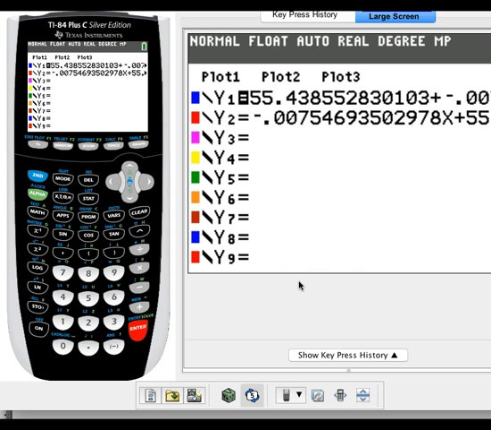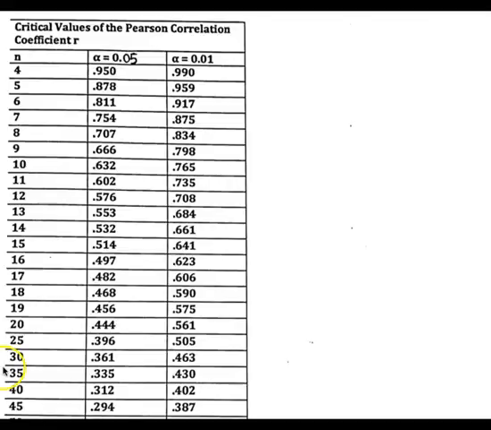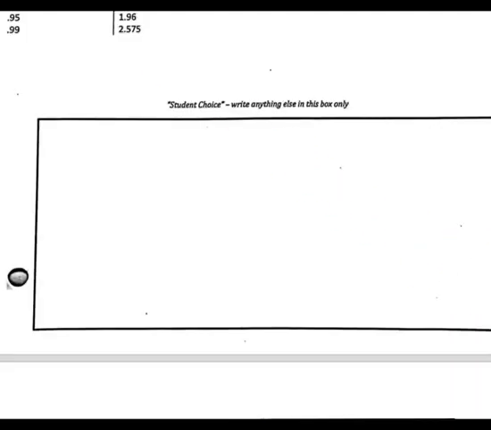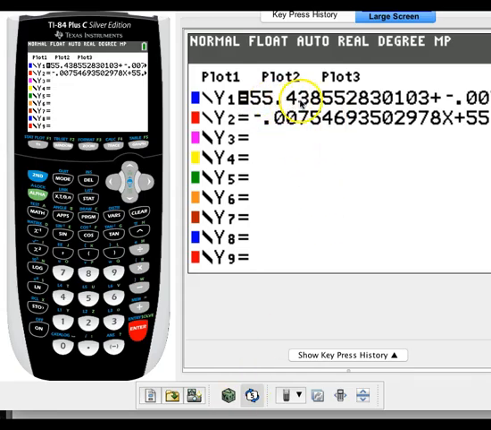Now, if they give you a regression equation to use, then by all means do it by hand. So in this case, our regression equation, our line of best fit, is y is approximately equal to, because I'm going to round when I write it down here, obviously, negative 0.00755 x, plus 55.439 approximately.